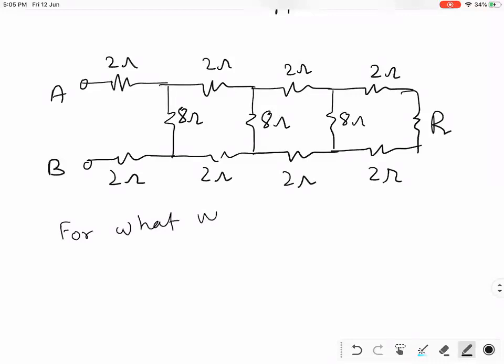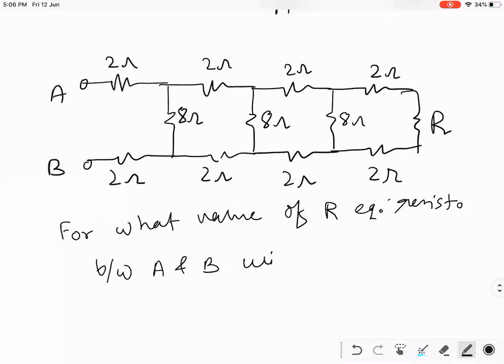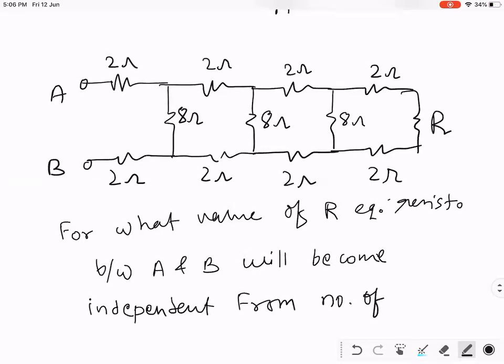Tell me, for what value of R will the equivalent resistance between A and B become independent of the number of branches?